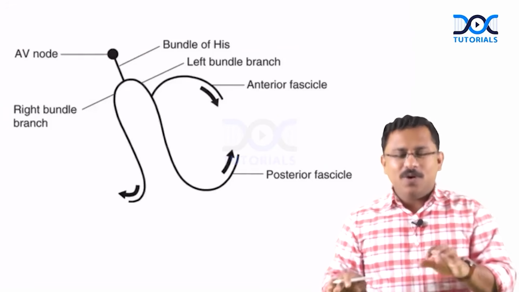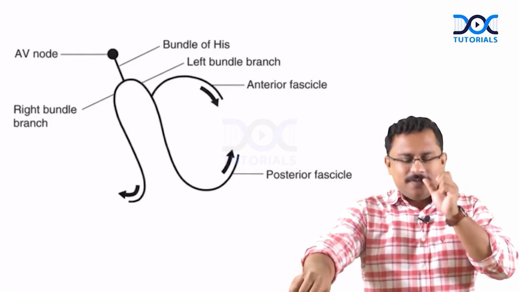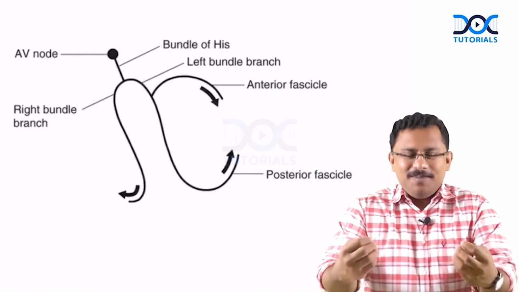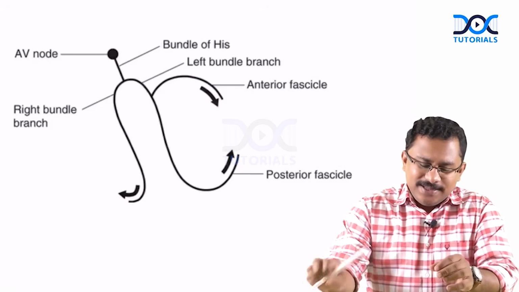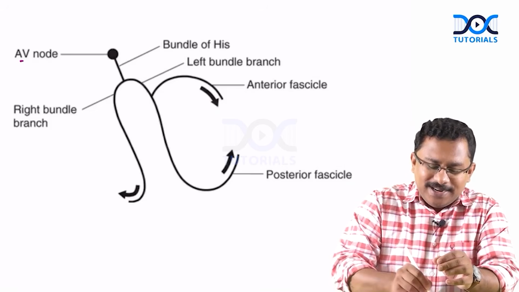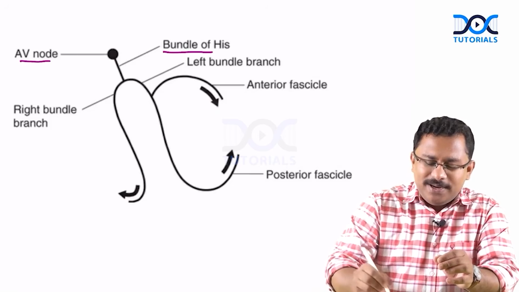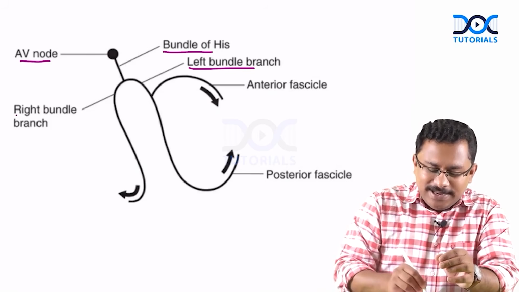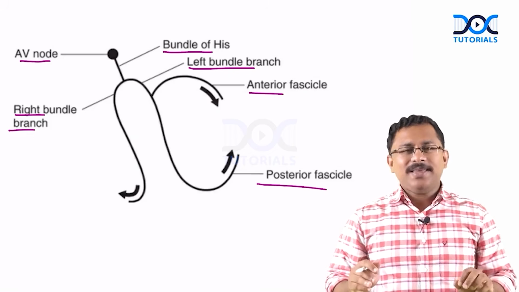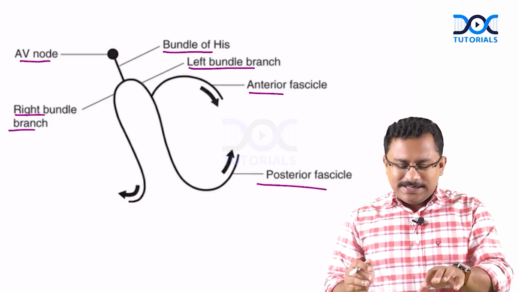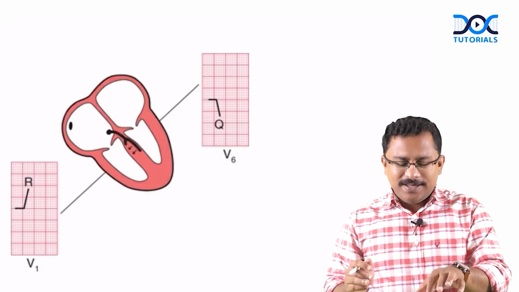Now, before we move on to the abnormalities of the bundle branches and how it affects the QRS complex, again, just a quick recap of the conduction system. This is AV node, bundle of His, left bundle branch, right bundle branch, the anterior fascicle, posterior fascicle. Okay. So, let's move further.